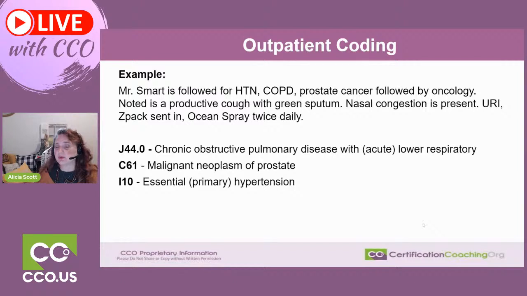So we have 3 diagnoses. We have COPD, we have hypertension, and we have prostate cancer. Now, you would assume if you're talking about severity of disease processes, prostate cancer would trump everything else because that's a more severe active prostate cancer. That should always be number 1. However, that's being managed by oncology.